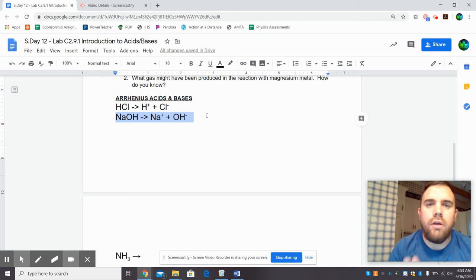Here's the downfall of Arrhenius acids and bases. It was the original definition of acids and bases, and they found that there are more substances out there that have the physical properties of acids and bases. And so they had to expand it.